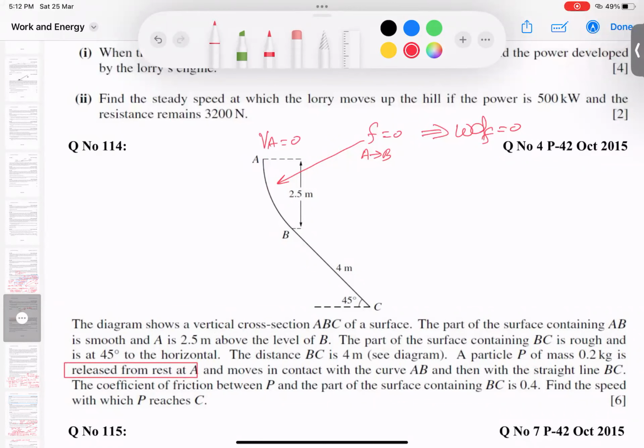Not only this, the applied force is also zero, and work done by applied force is confirmed zero. Those two important concepts are very helpful in our question. When the word release appears, it means no applied force is applicable.